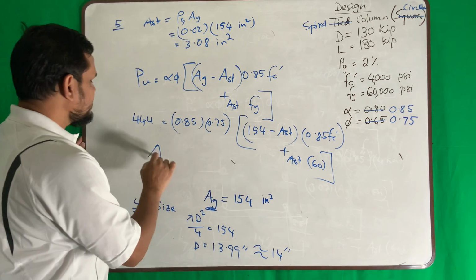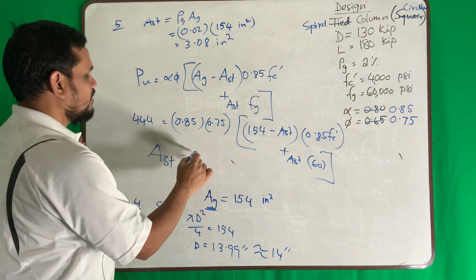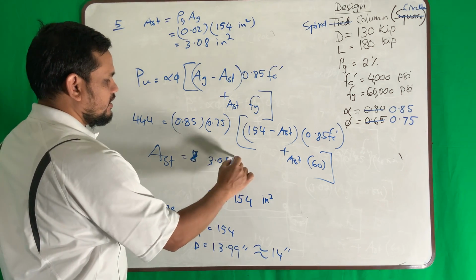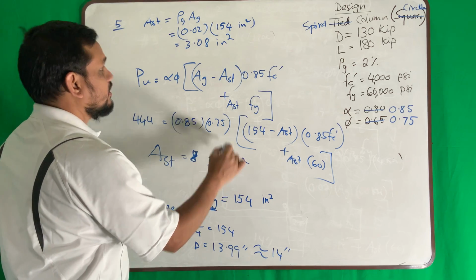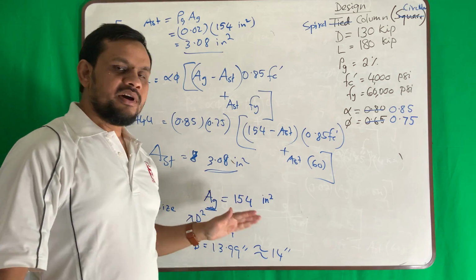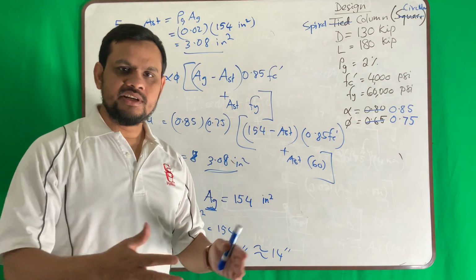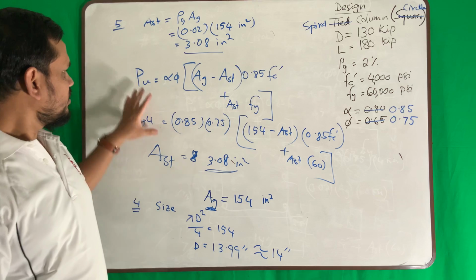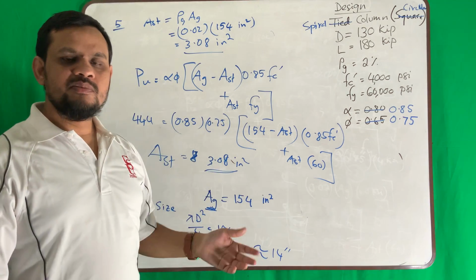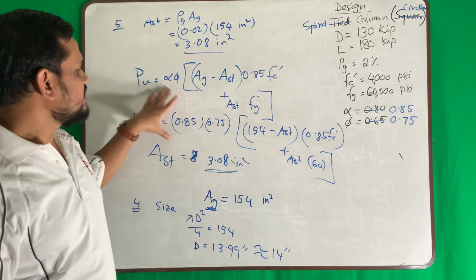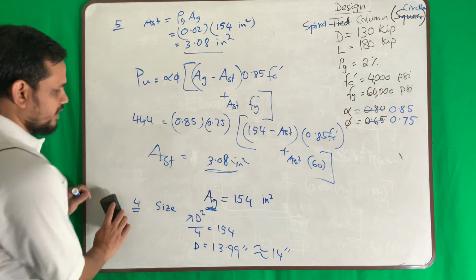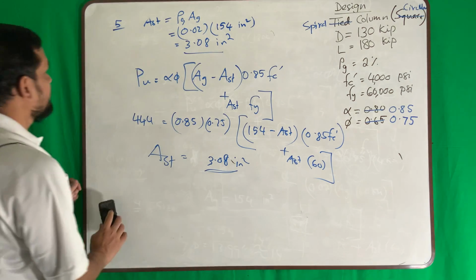Now if we use this equation, you will get this reinforcement, the same reinforcement. So if whatever area required and whatever provided is equal, then this equation or simply this equation will give you the same answer. If you provide more, then you have to use this equation to get a more accurate number. Okay, so step number 5 is done.